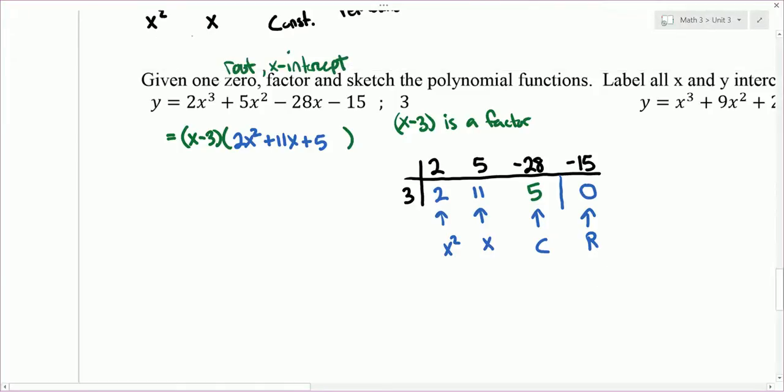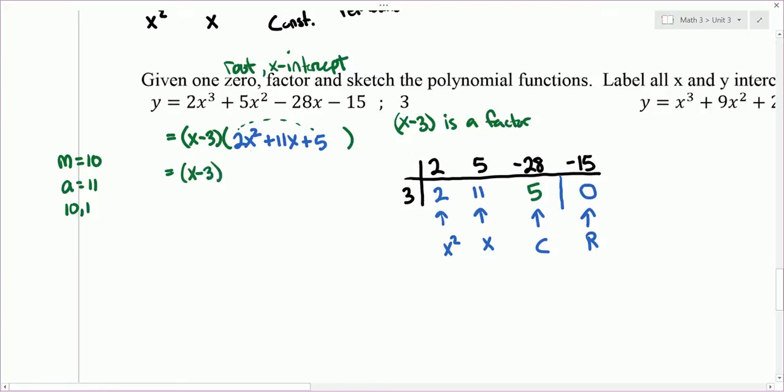We have a trinomial. We're going to think of what two numbers multiply to 2 times 5. So we want to multiply to 10 and add to 11. What are they? You should get 10 and 1. Because there's a 2 in front of the x squared, we can't use the shortcut here. So bring down the x minus 3, don't forget that.